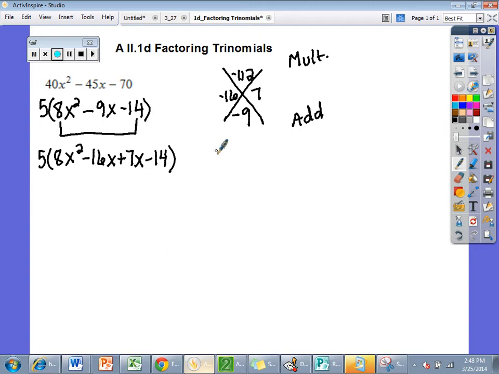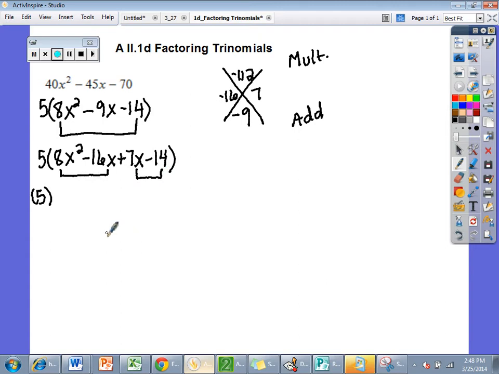It's kind of the opposite of combining like terms. We've split it up into two things that's going to allow us to be able to factor. Now this 5 doesn't go away, but I always write it in parentheses so I don't get it confused with anything else that I'm doing. And now I'm grouping these two terms together and these two terms together.